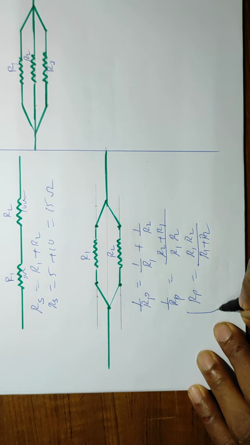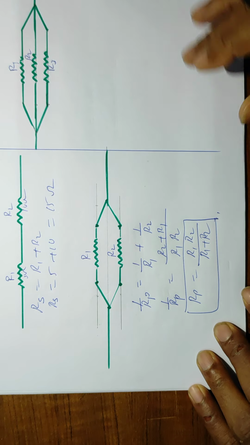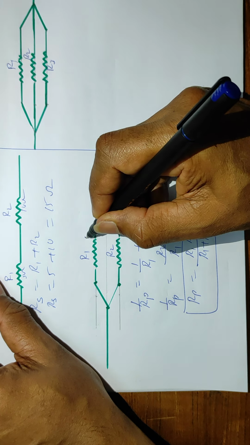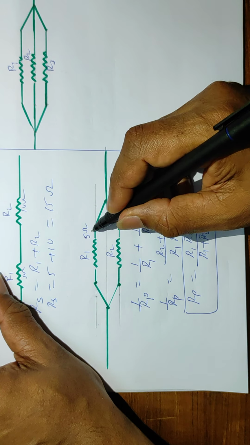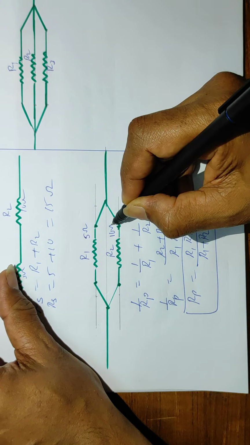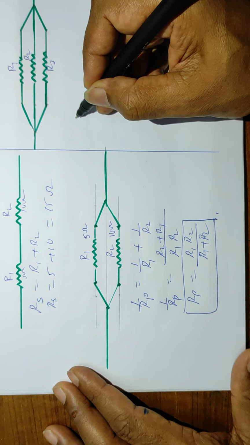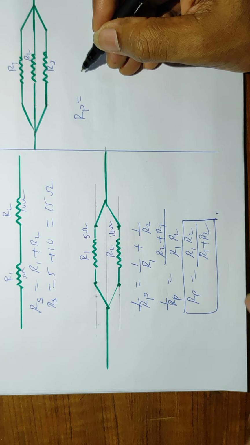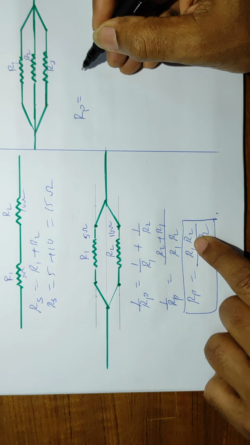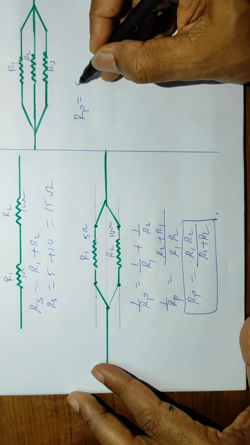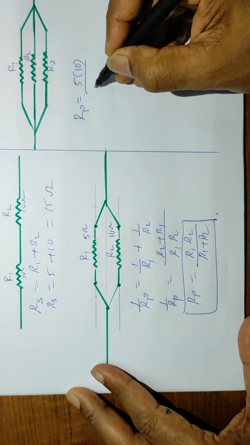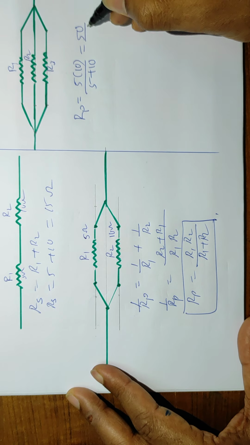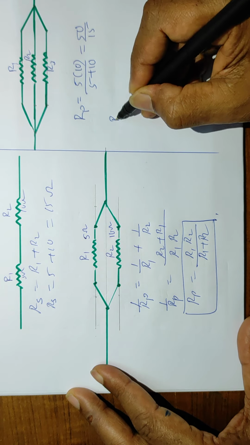You can use this formula directly. For example, here if R1 is of 5 ohm and R2 is of 10 ohm, you can directly calculate the equivalent resistance of the combination, R1 R2 by R1 plus R2, that is 5 into 10 by 5 plus 10, that is 50 by 15.